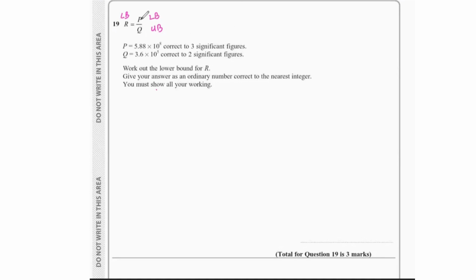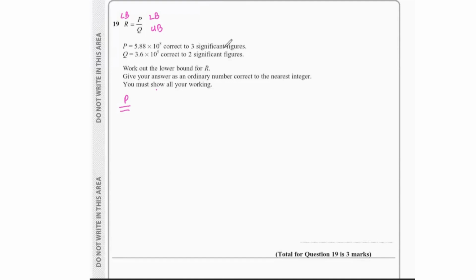So now that we figured out what we need for P and Q, next we need to find the degree of accuracy and then how we would find the lower bounds and upper bounds. If we talk about P, in this question, they are saying that it is correct to three significant figures. When we have significant figures, we use them to find the degree of accuracy.